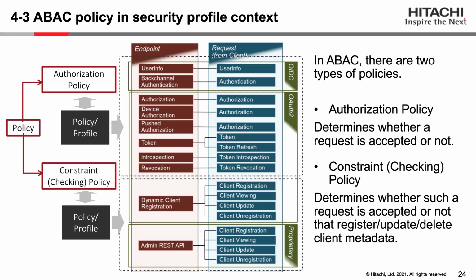Authorization policy is applied to a request from the client regarding the authentication and authorization protocol flow, for example, authorization request, token request, and so on. While constraint checking policy is applied to a client's request that tries to register, modify, or delete the client itself or client's metadata.